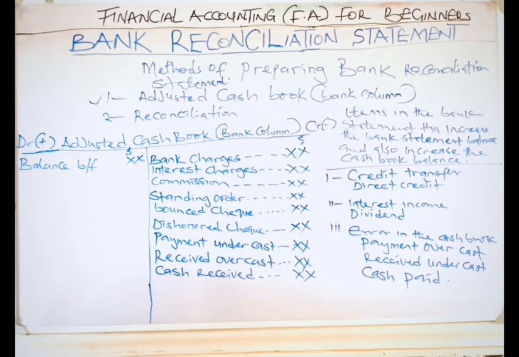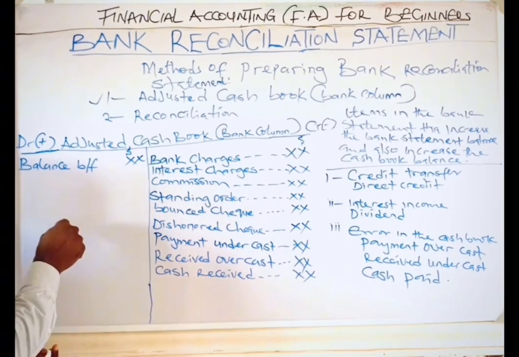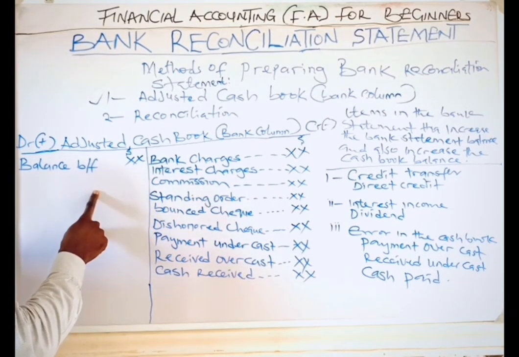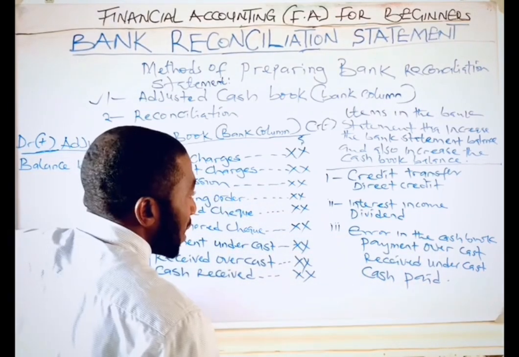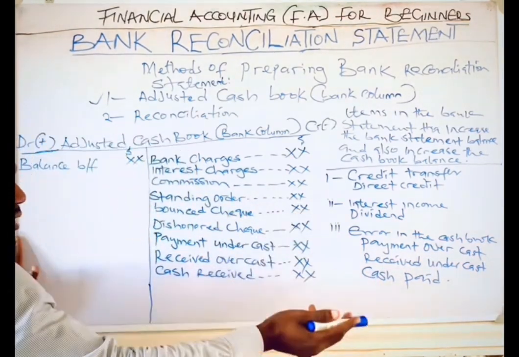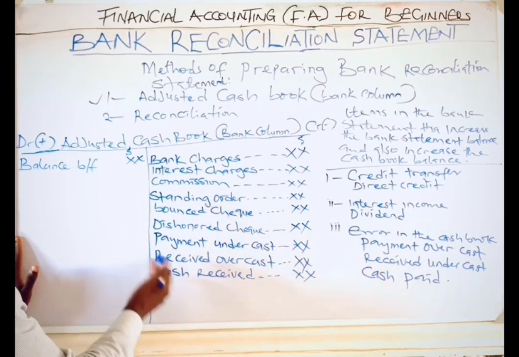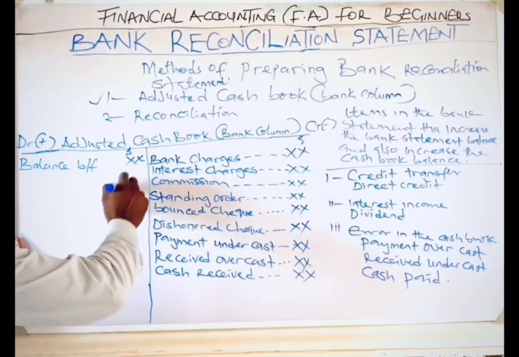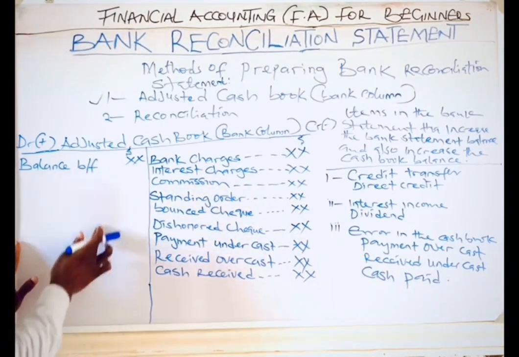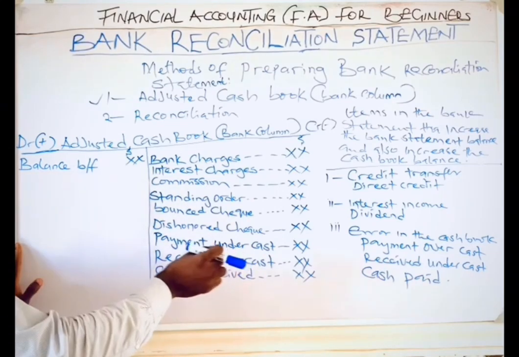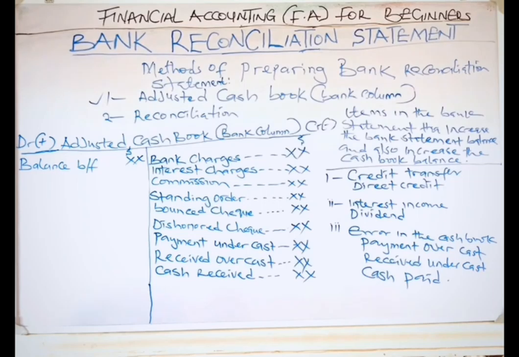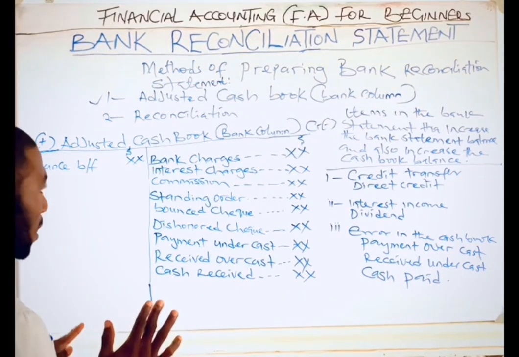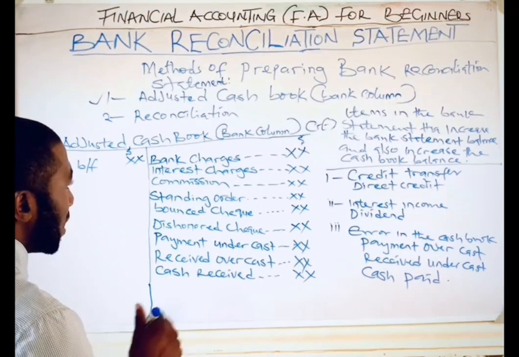After knowing that we made a mistake of receiving less, we add the remaining balance to complete it and make it a full amount received. And cash paid: we pay out cash, and this is the bank column. You cancel it, and it comes here to add up to your balance. It's very simple. So this is a standard format of the adjusted cash book.